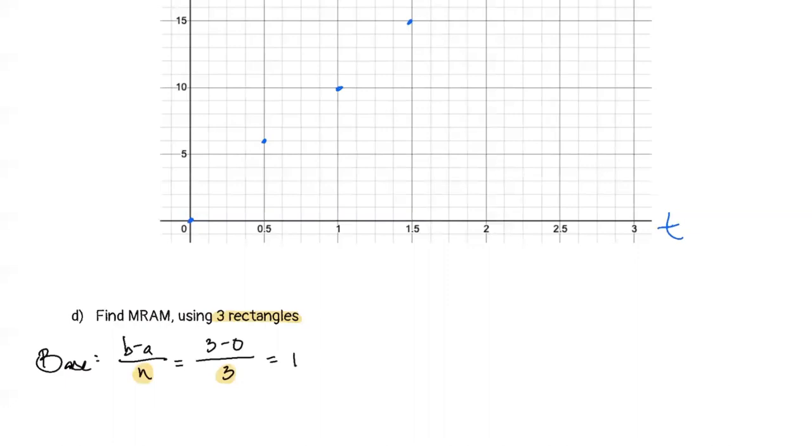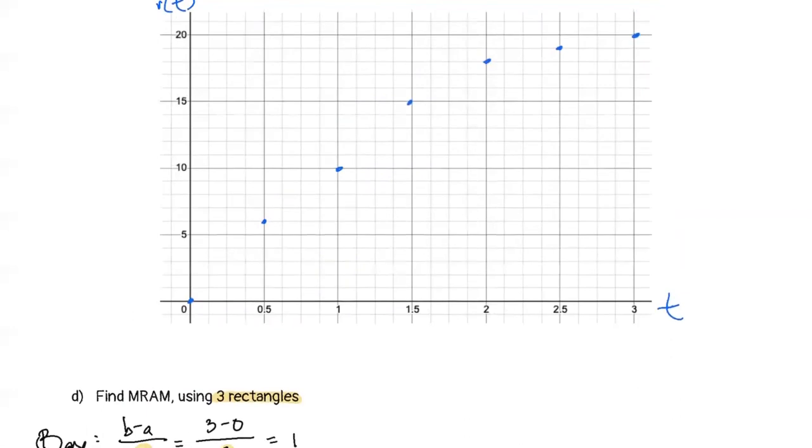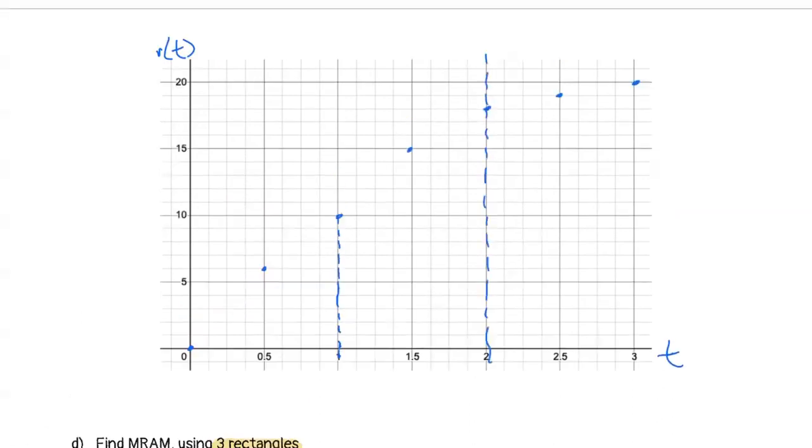Now that means that if I were to sketch here, I would maybe want to divide here, divide here. So I'm taking this whole bottom piece and cutting it into 3 equal pieces, and each one of those pieces has a length of 1.